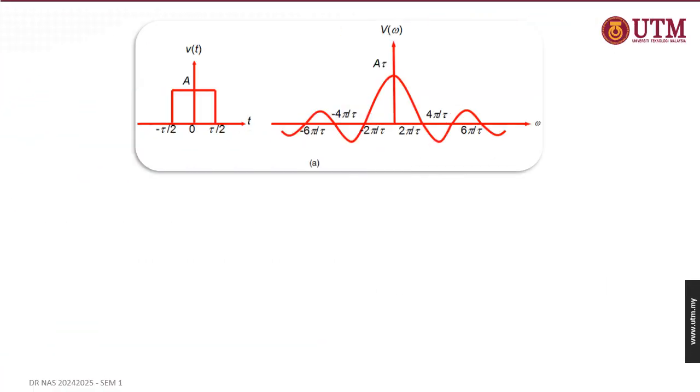This graph is the original signal, the rectangular signal, A rectangular t over tau. This is your tau, the width of the rectangular signal. It produces the sinc function, equal to A tau sinc function omega tau over 2.